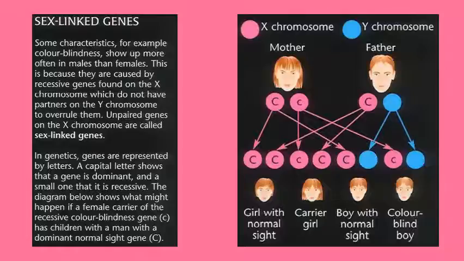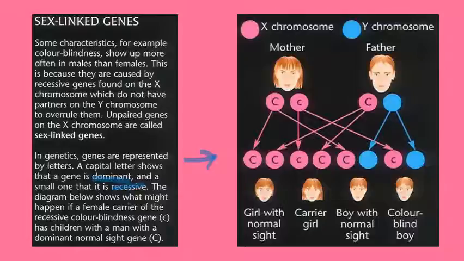A capital letter shows that a gene is dominant, and a small one shows that it is recessive. The diagram next door here shows what might happen if a female carrier of a recessive color blindness gene has children with a man with a dominant normal sight gene.